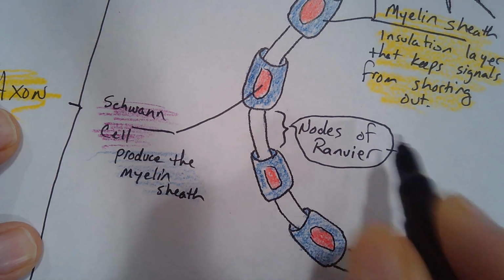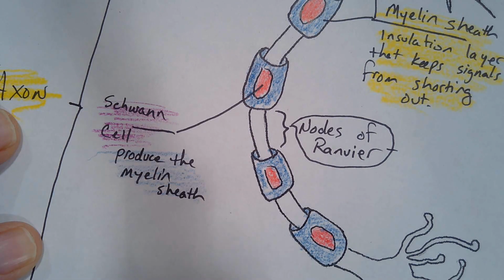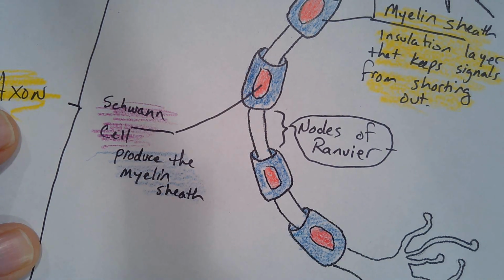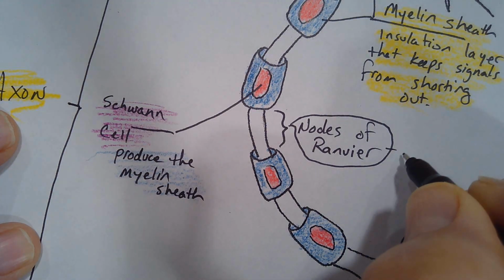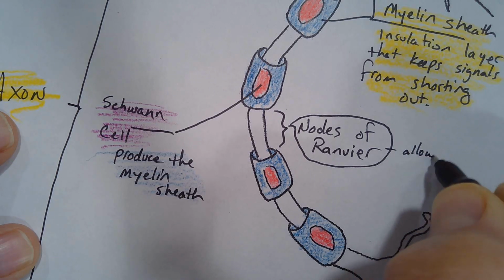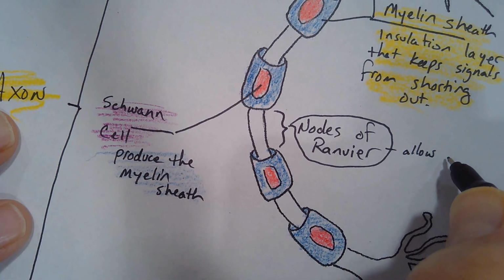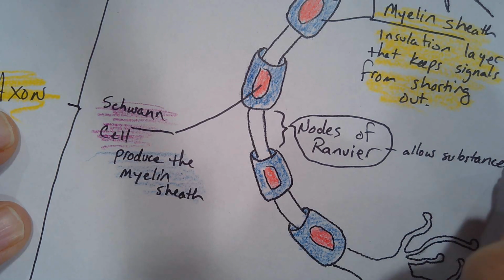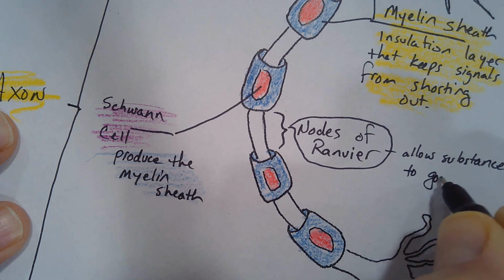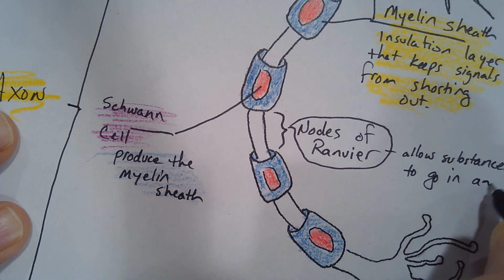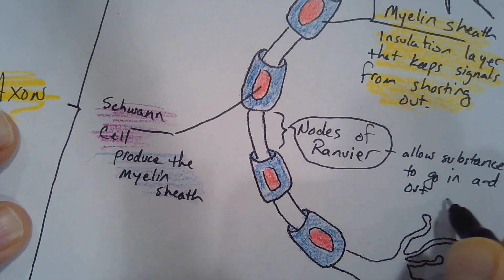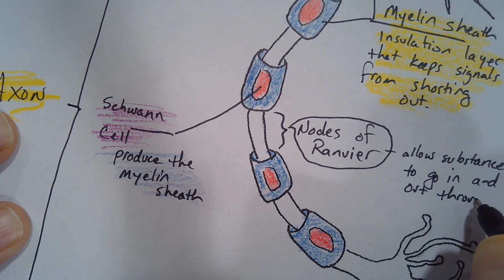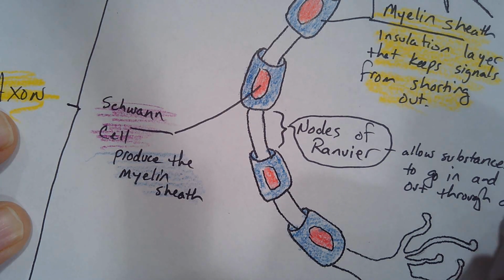So the nodes of Ranvier, they allow for substances to go in and out of them. So I'll just put that on here. They allow substances to go in and out through what's called diffusion.